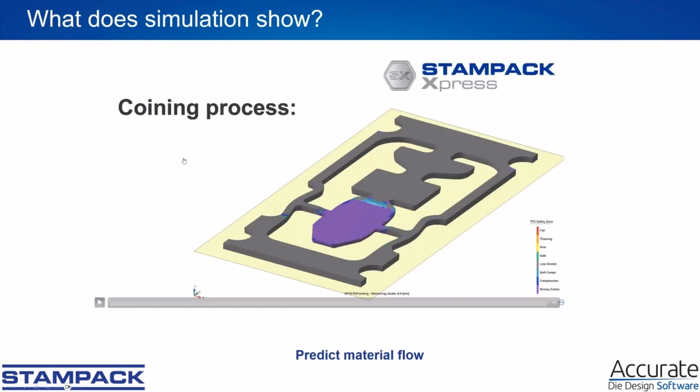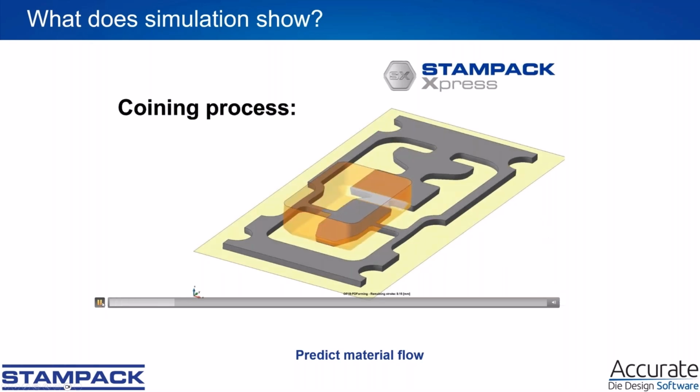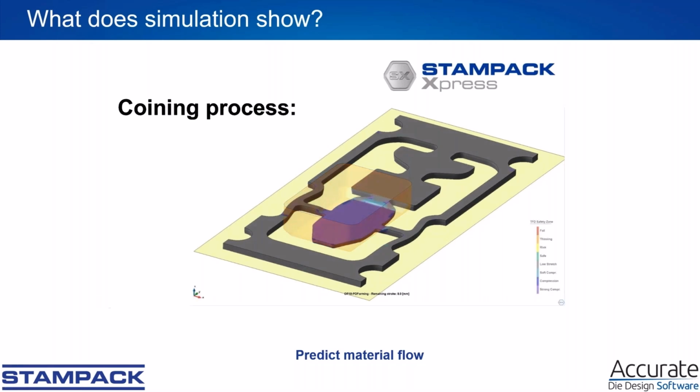Also very important, and this is especially for people that make processes with a lot of coining, you can predict the material flow in Stampack. So this is a very easy coining, yeah, but when you see how the material is compressed and then it's squeezed out, and in this kind of processes, it's very difficult to predict where the outline will be.